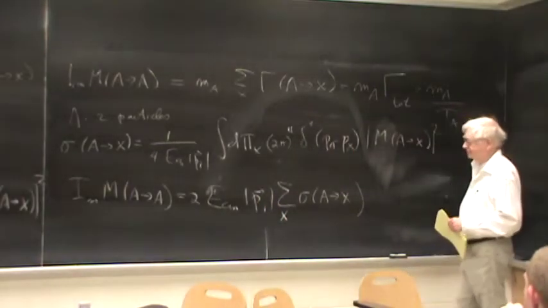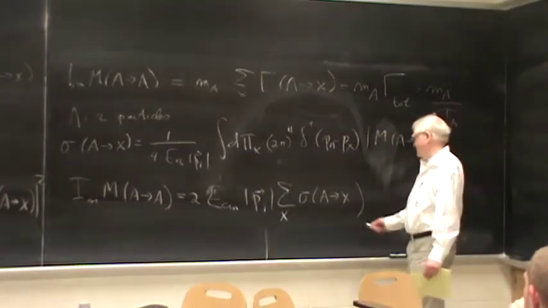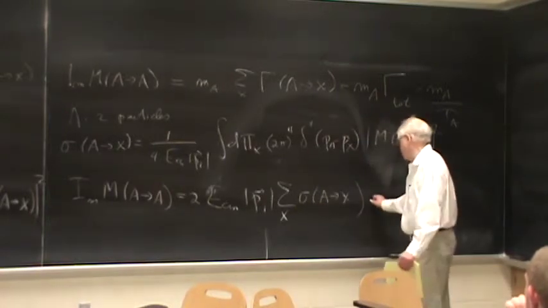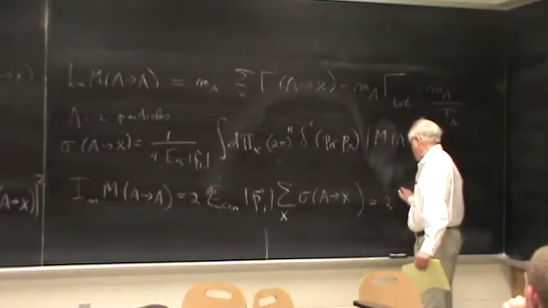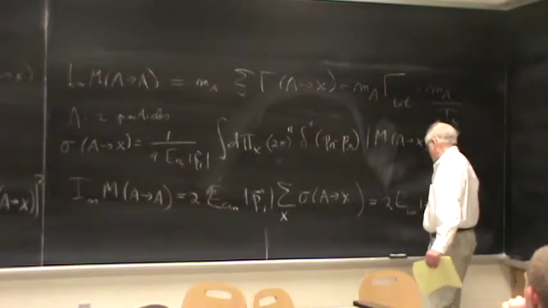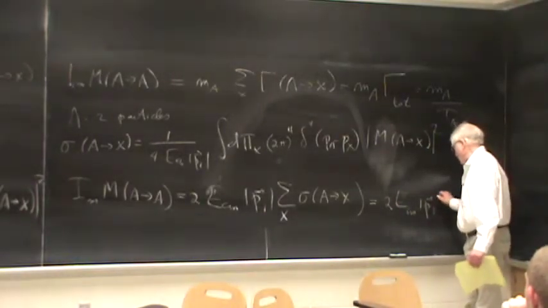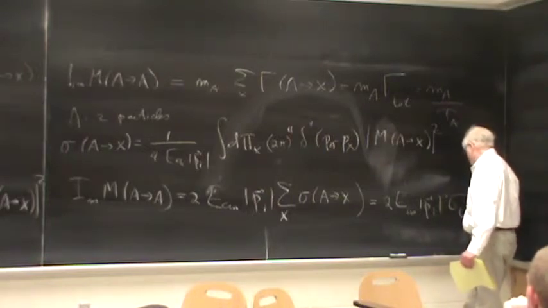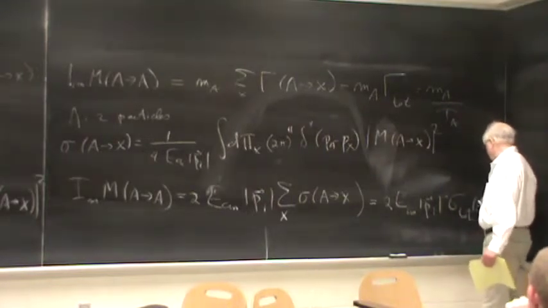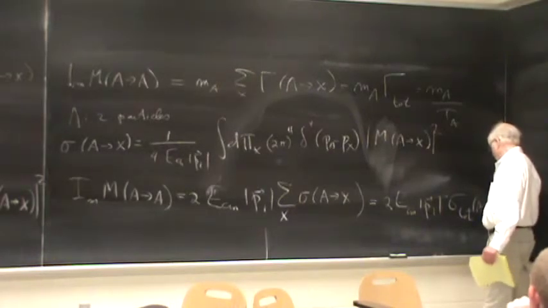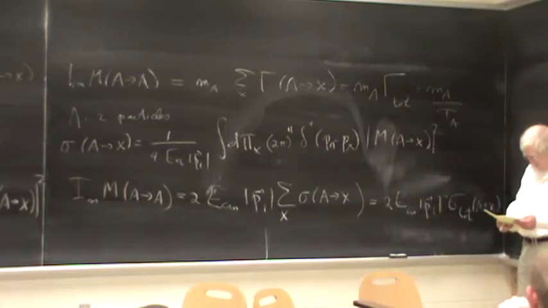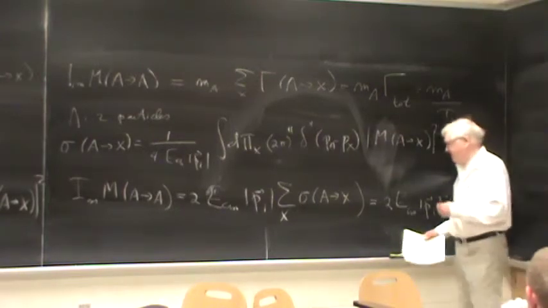This is the total cross-section, A goes to anything. In fact, it's summed over everything. So this can be rewritten as 2 energy center of mass, magnitude of the 3-momentum, sigma total of A goes to anything. In other words, the sum over all the possible final states.